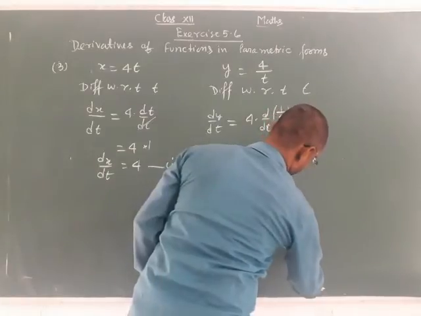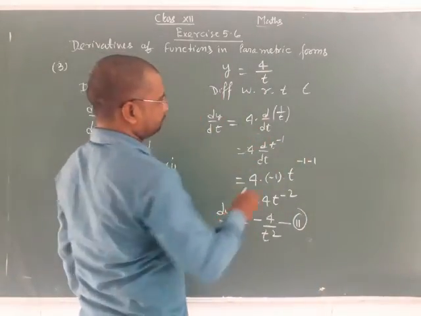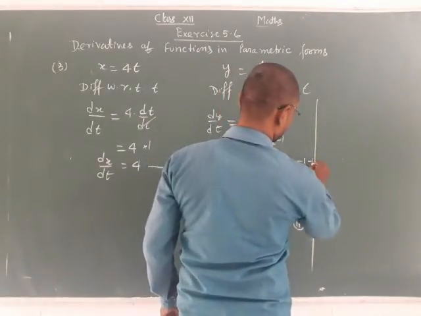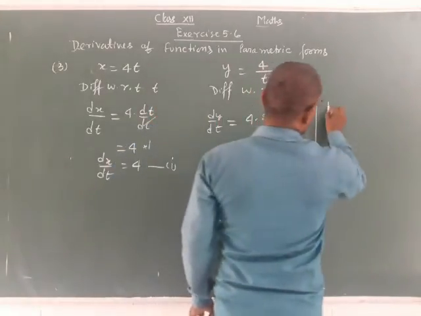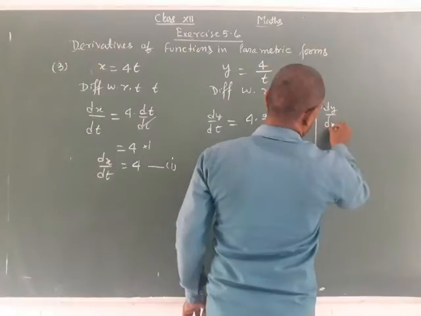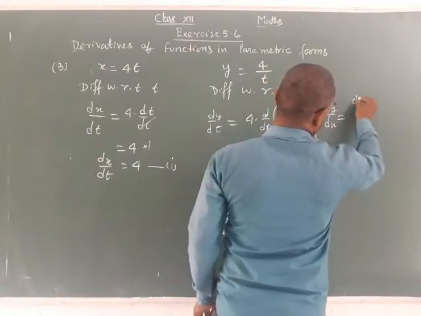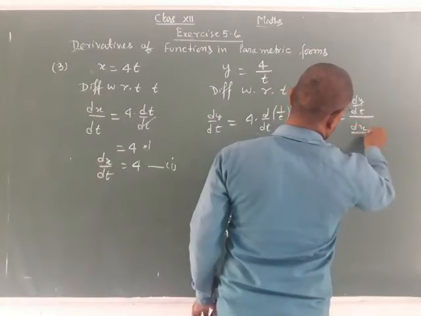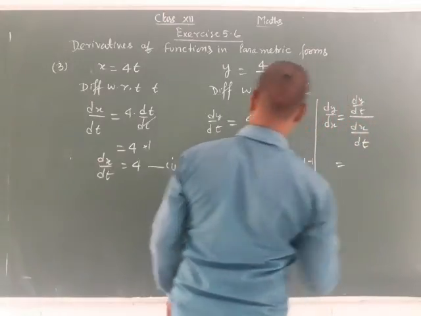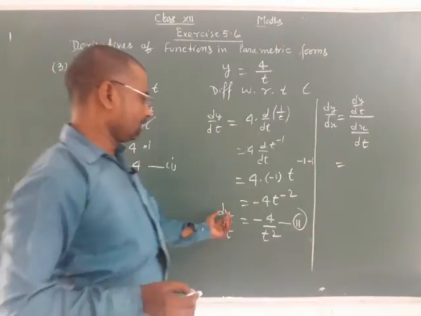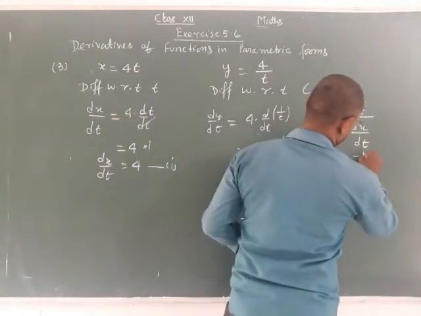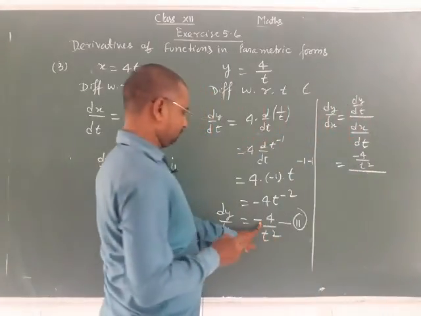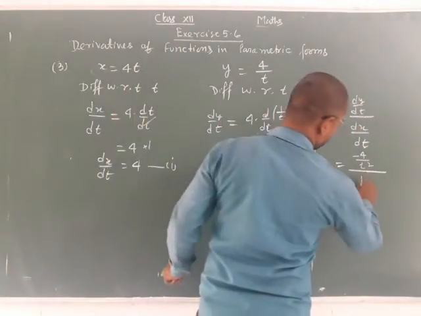Now second part. So now dy upon dx is equal to dy upon dt upon dx upon dt. So now put these values here: dy upon dt is minus 4 upon t square, upon 4.